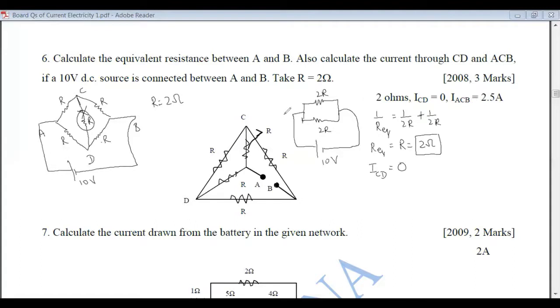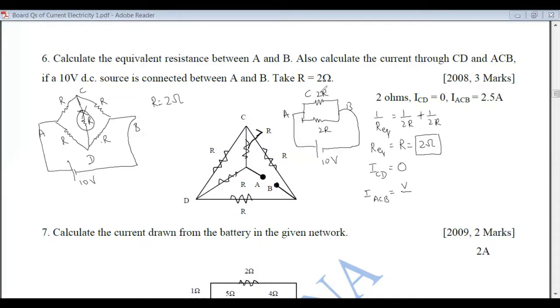Now you have to find out the current through ACB. We know that the current through ACB is equal to the potential difference, which is 10 volts, upon the equivalent resistance.